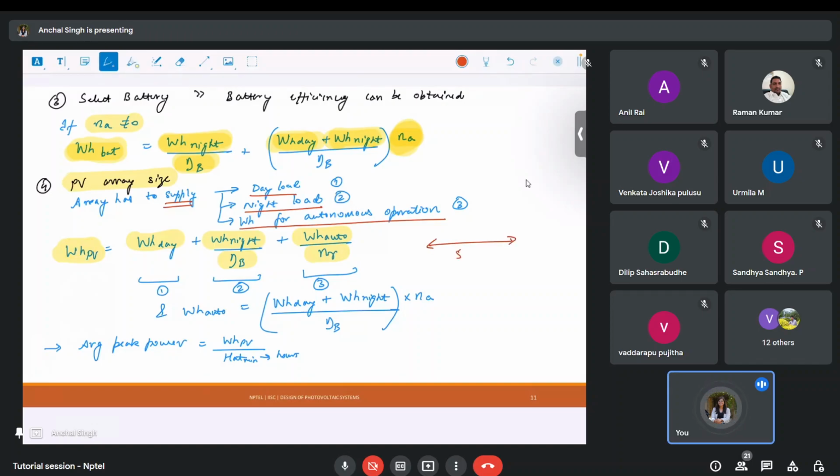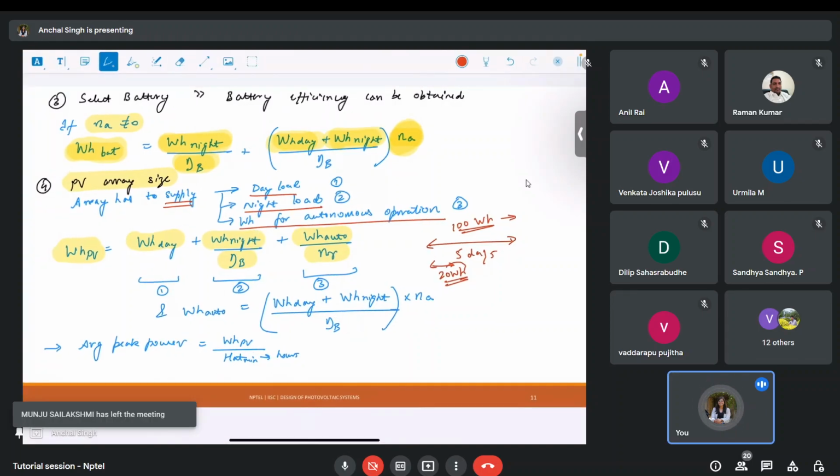NR is the total number of days. Suppose I have a 100 watt hour autonomous day requirement, and I'm going to recharge it over a period of 5 days. I'm distributing it over the period of 5 days, so during each particular day, 20 watt hours of the capacity has to be recharged. So I don't need to design my battery for 100.